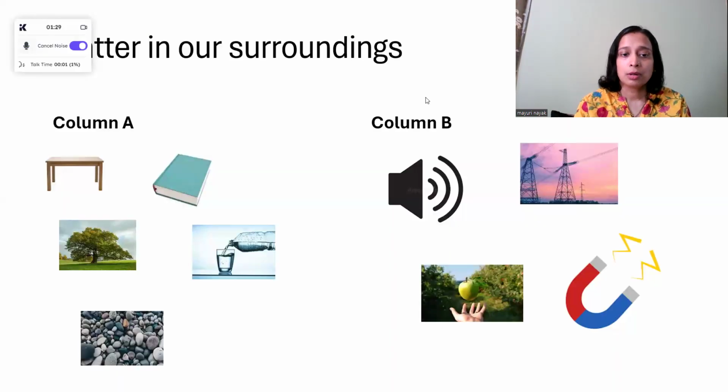Okay. Now tell me, can you find a difference between column A and column B? There is some difference. In column A, there are some things which have a definite shape and acquire space, and have a definite mass. Whereas in column B, can we touch the sound?